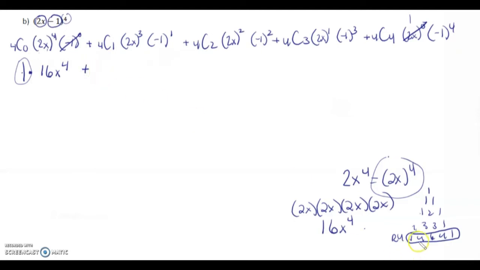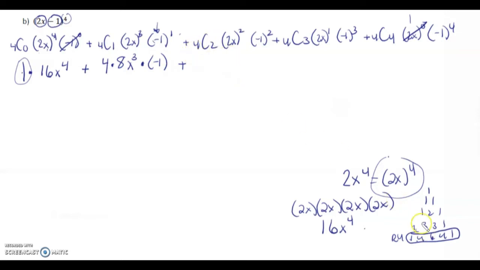Okay, next one. We have coefficient 4 times 2 cubed is 8, and then x cubed. And then negative 1 to the 1 is negative 1. All this is actually doing is going to negate this term so that this term turns into a negative.